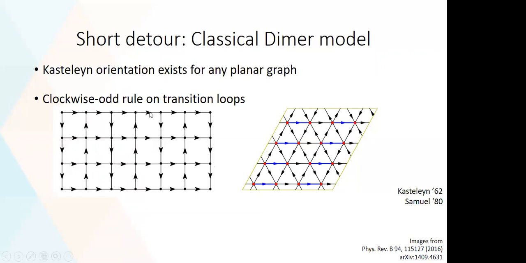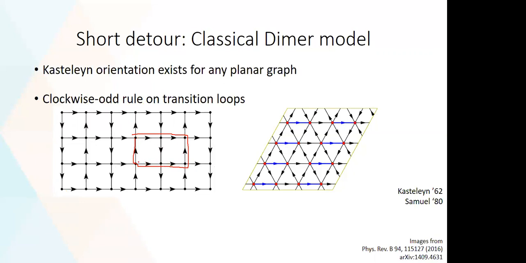If we go along some transition loop, a loop admissible by the transition graph, and we go along the edges, let's say this loop, then we count how many times we go clockwise, and the odd term here relates to how many times we go against the clockwise direction.